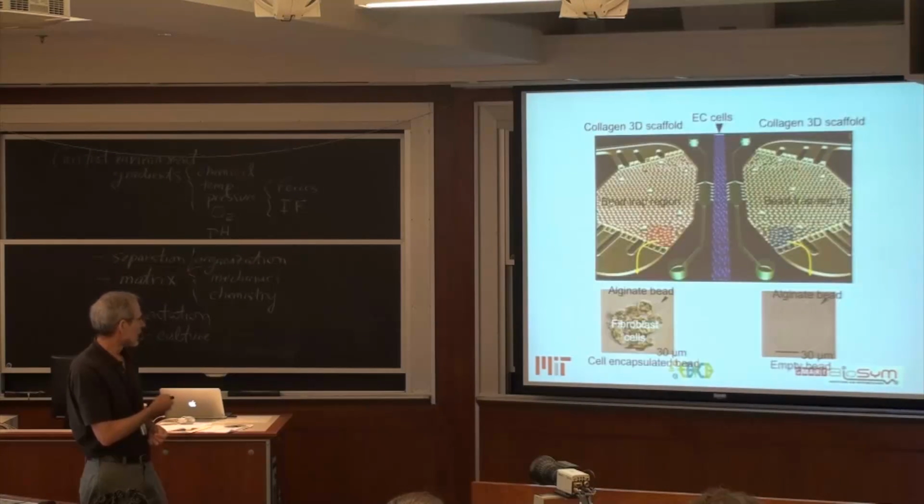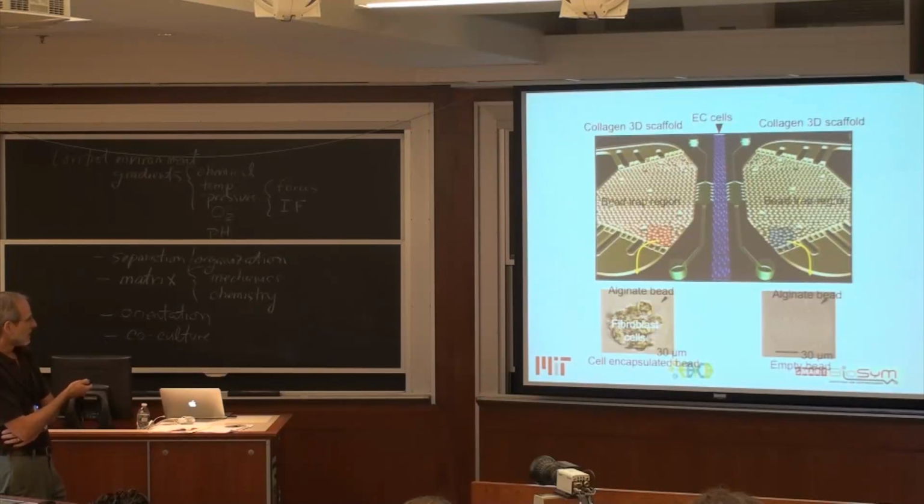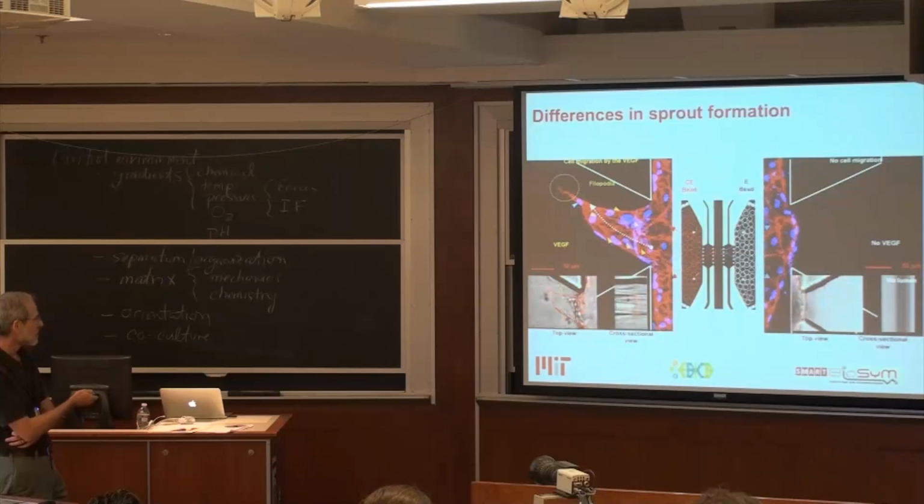And kind of results, so this is the system in a little bit larger view. Here are the beads. On the right-hand side here, we have alginate beads that don't contain cells. On the left-hand side, we have alginate beads that contain the fibroblast cells. And by watching this over time, these obviously are secreting factors that are influencing the endothelial cells plated in the center.